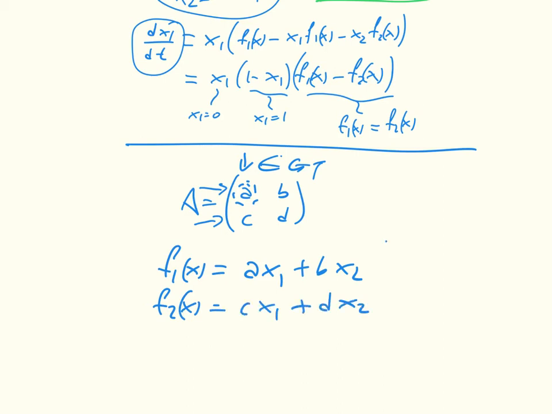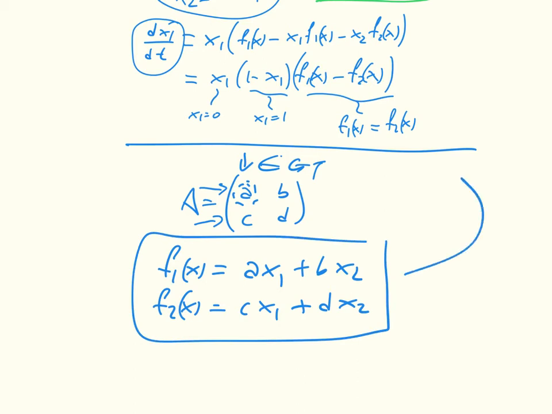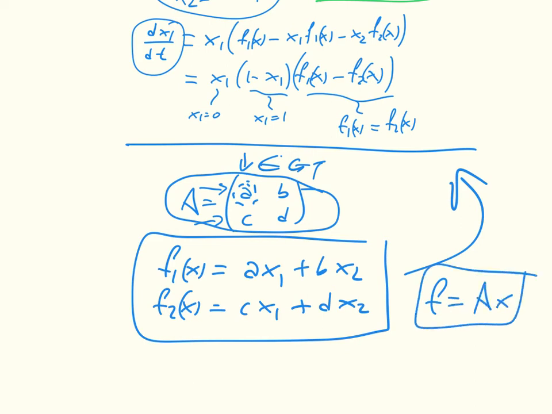So what we did up here was a general case for any given f's, but we're going to consider whether utilities are given by a particular matrix. And so we have this equation. It might be clear that it can just be written as f equals A x. These two things are the same expression.